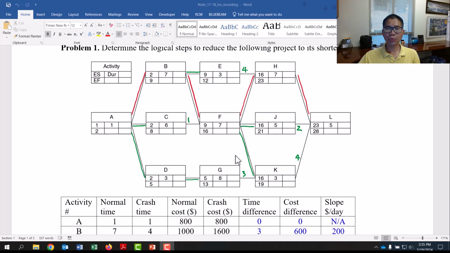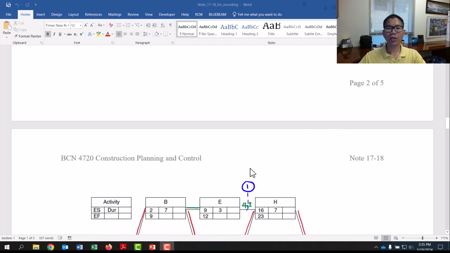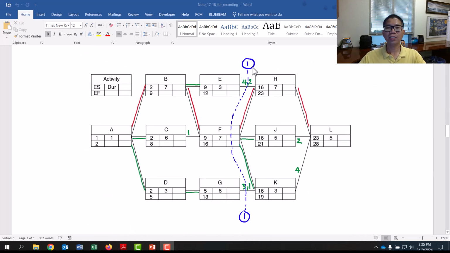Then I go through G, the link between G and K, that's 3, so it will be positive as well. So in the first cycle we go through F, and then through the link between E and H and G and K. The reason is that the lag values between those activities are positive, 4 and 3.